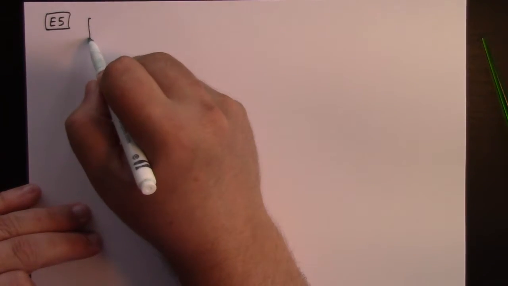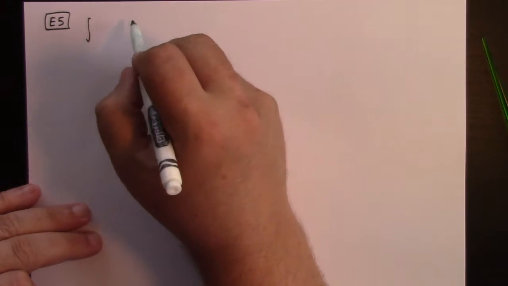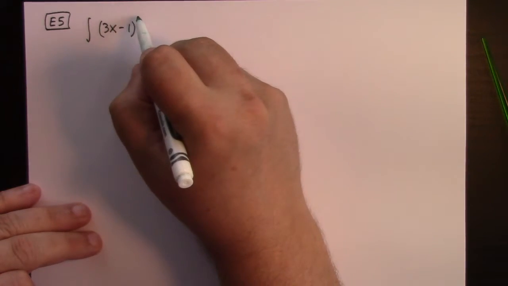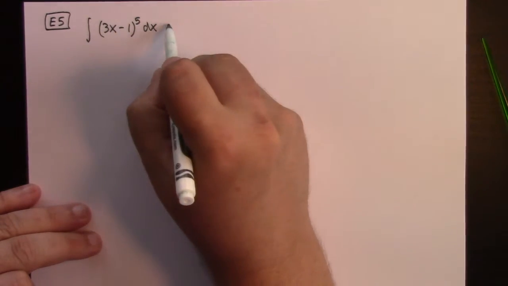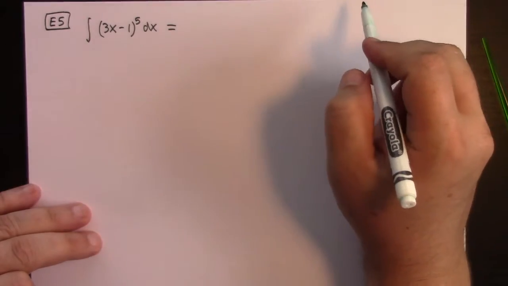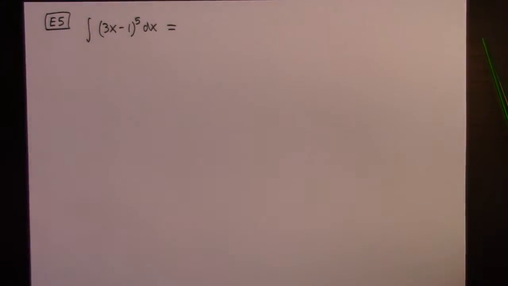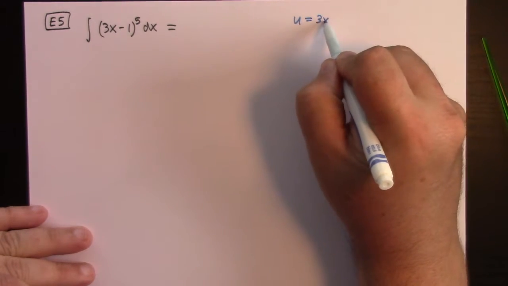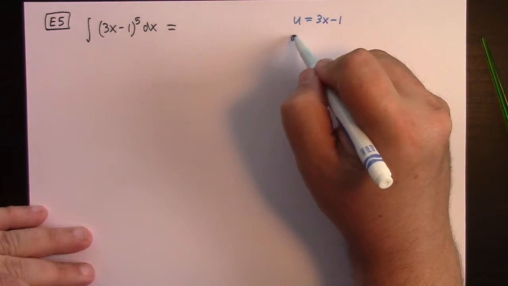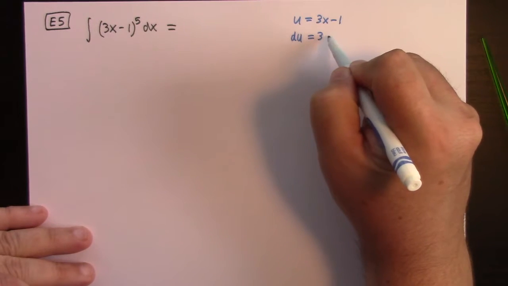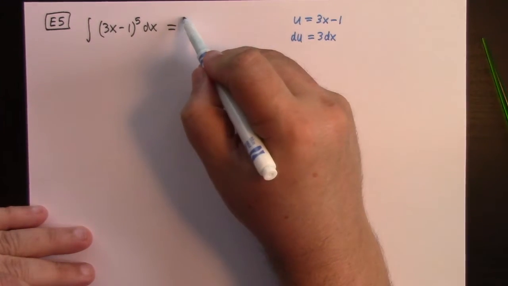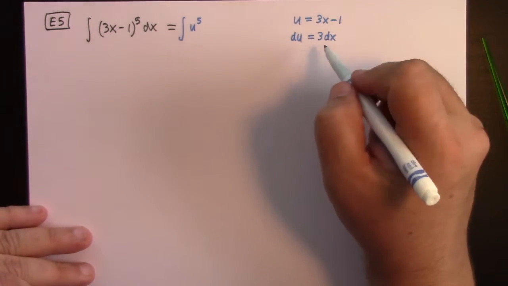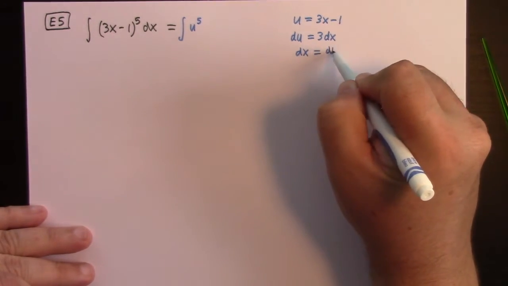If I have the integral of (3x minus 1) to the 5th power dx, what I'm going to do is let u equal 3x minus 1. So du is 3dx, so this is the integral of u to the 5th. And look at that, dx is what? Well, dx is equal to du over 3.